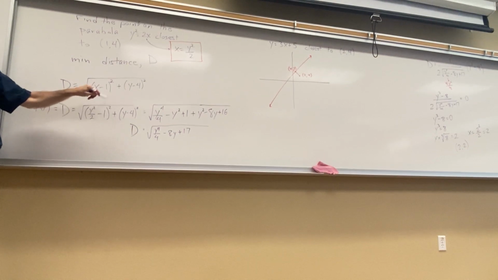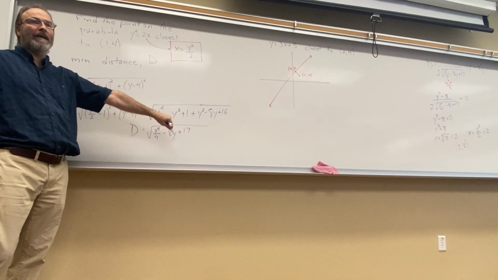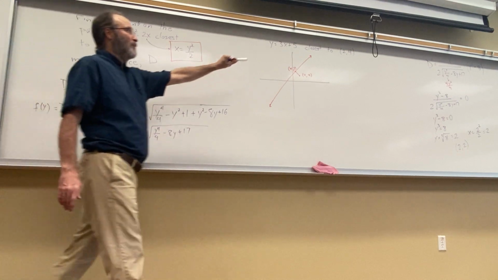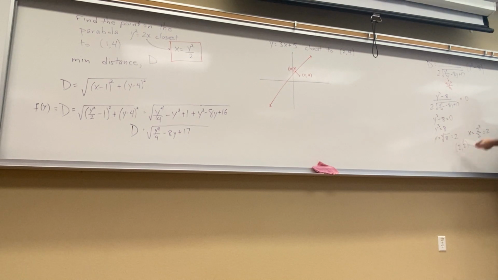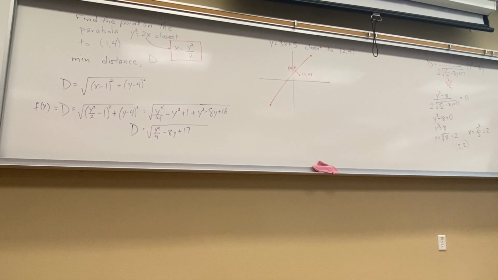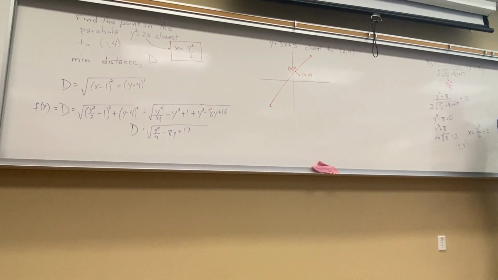You can either take the derivative directly, or you can FOIL it out like we did last time. Take the derivative, set the numerator equal to 0, and solve for one of your variables. Plug it back in to get the other. If anybody has any questions, let me know.